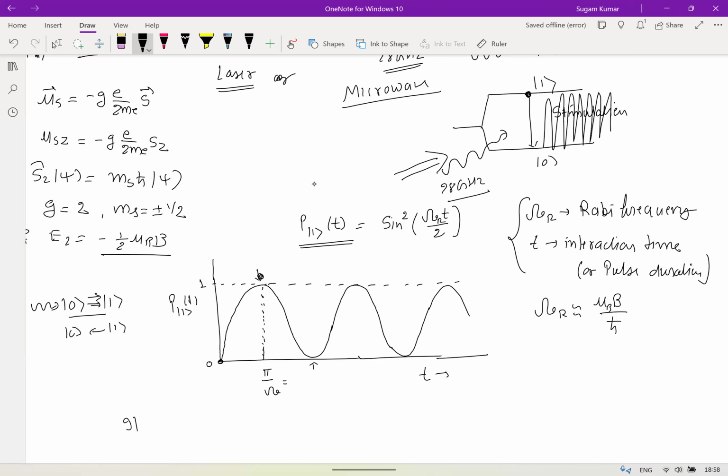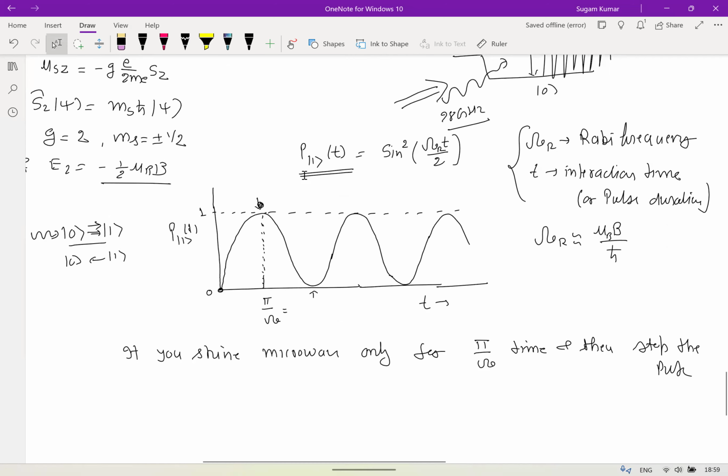So if you shine microwave only for pi by omega time, and then stop the pulse, don't shine anything after that, what will happen then?